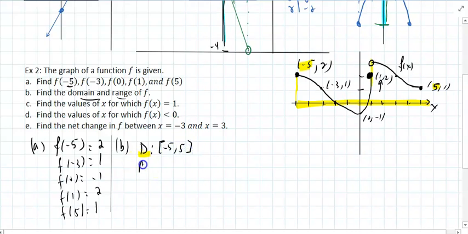That's simple. The range is allowable y values going up and down. What's the lowest y value we could have? Well, that's a -1 included. And the highest, 1, 2, that's a 3, but do you see that that's not included?